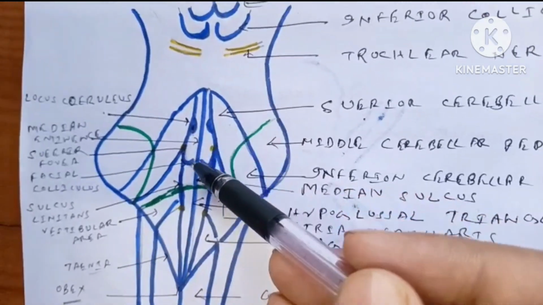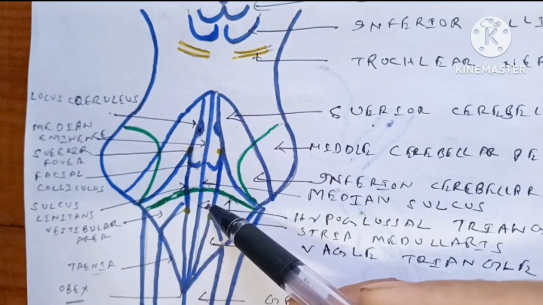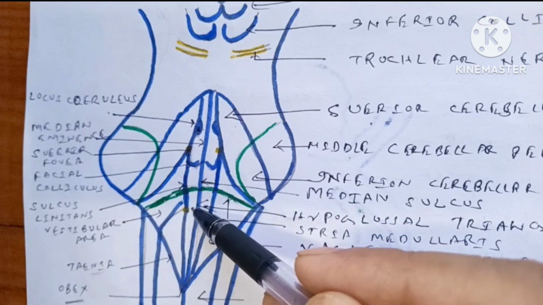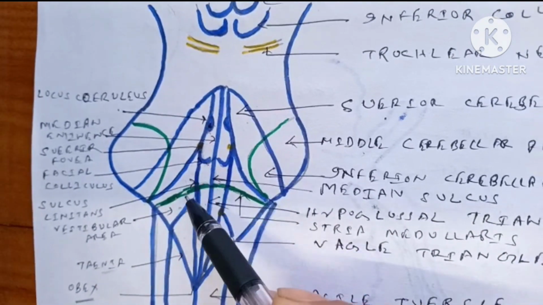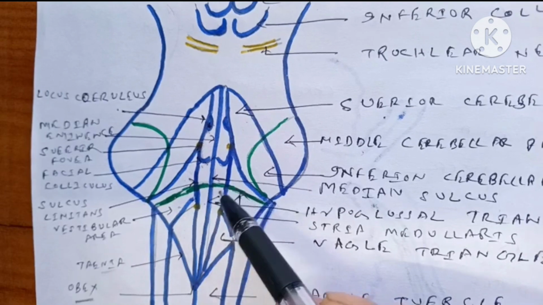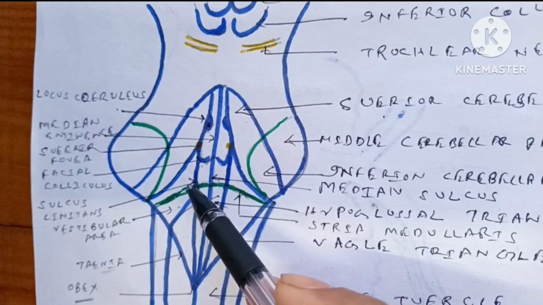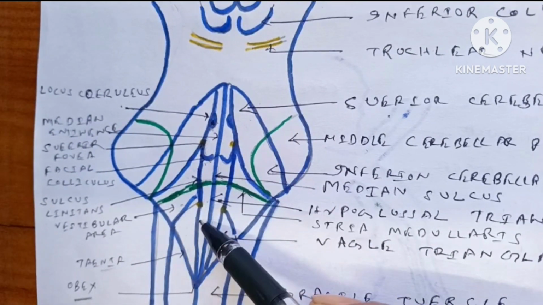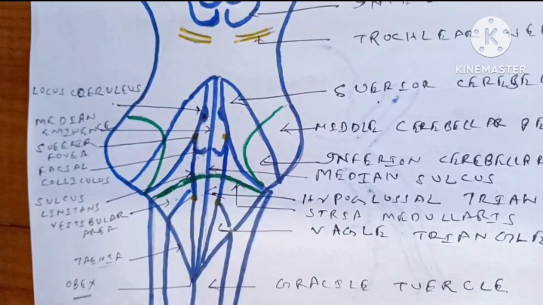Here is the median sulcus. This is the superior fovea and the inferior fovea, and both are connected by the sulcus limitans. And here is the vestibular area, just above and below the stria medullaris, in the pons and the medulla.